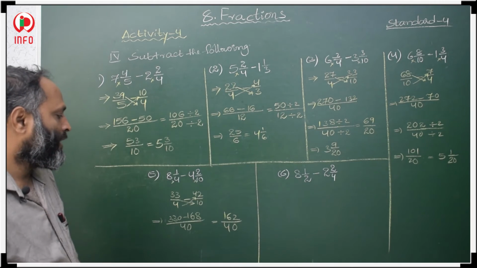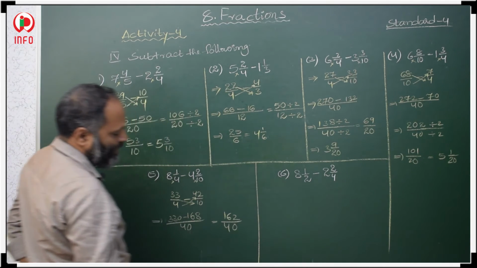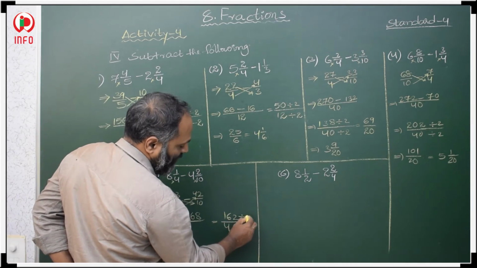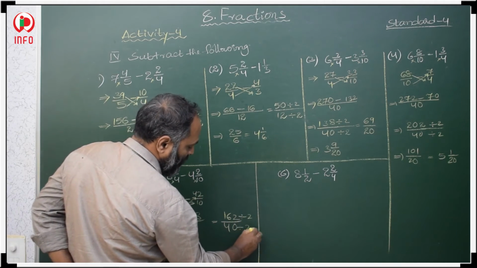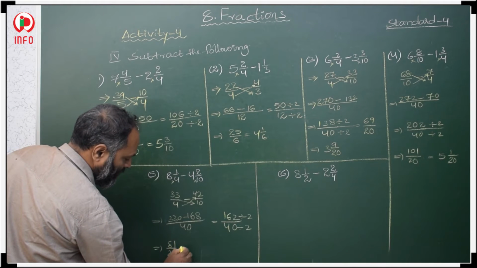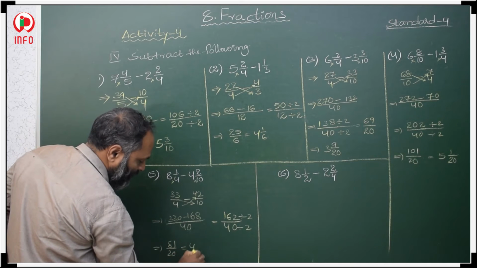Then these two numbers are divisible by, not 4, divided by 2. 2 81s are 162, 2 20s are 40. 81 by 20.